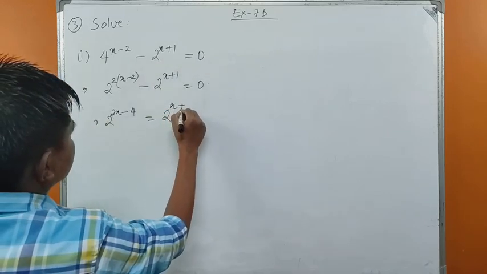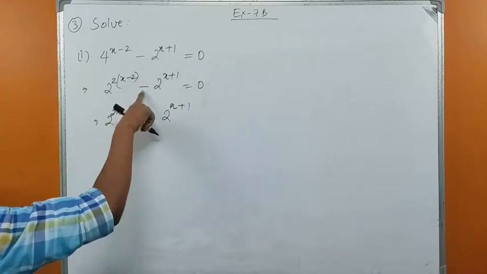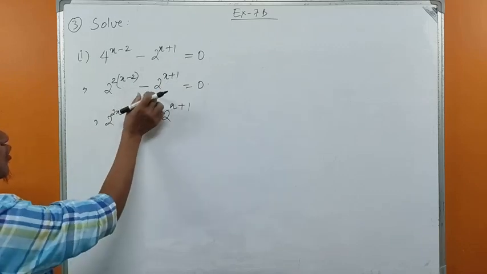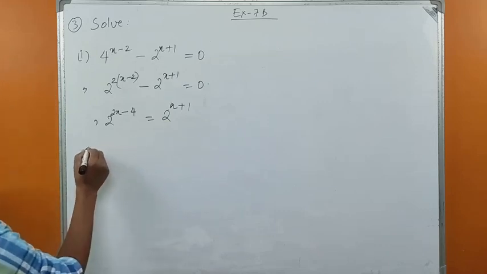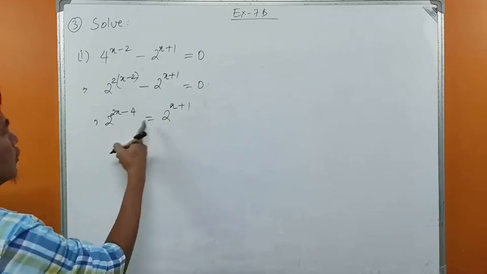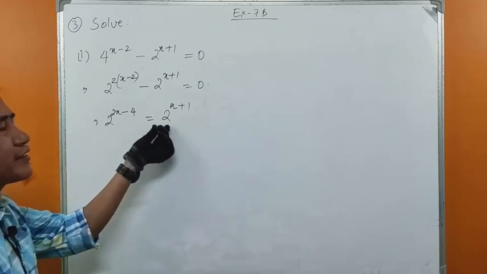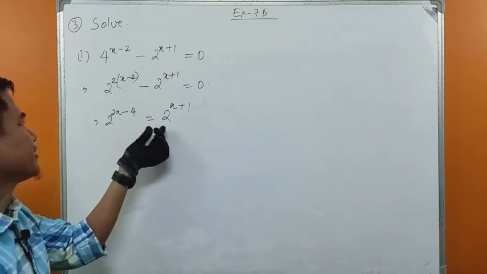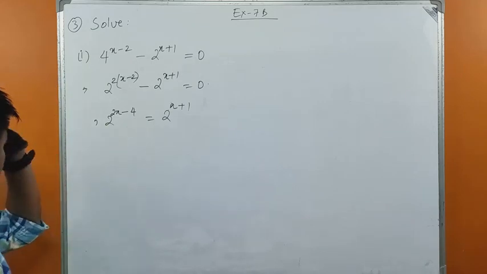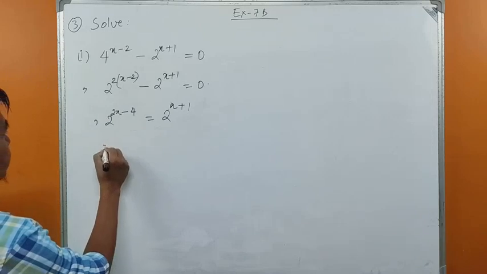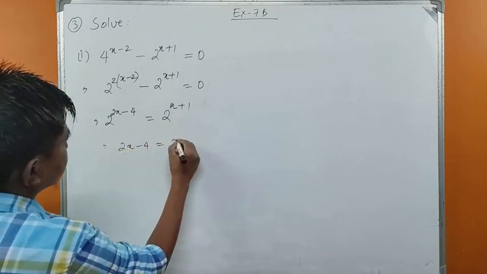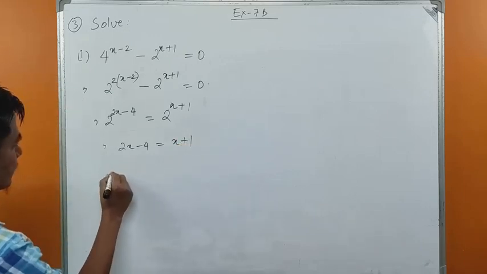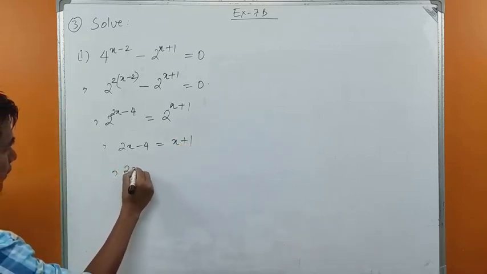Minus 2 to the power x plus 1 goes to the right hand side and becomes plus 2 to the power x plus 1. Now you can see the bases are equal, 2 and 2. If the bases are equal, then we should understand that the powers should also be equal. Therefore 2x minus 4 is equal to x plus 1.